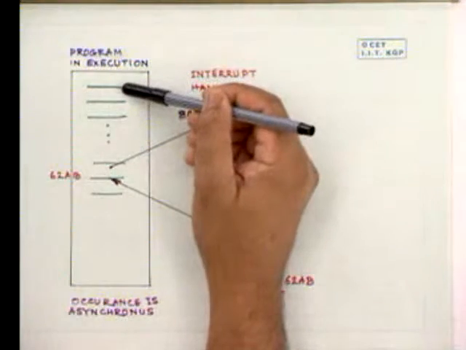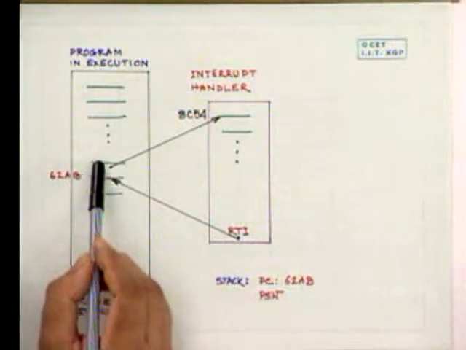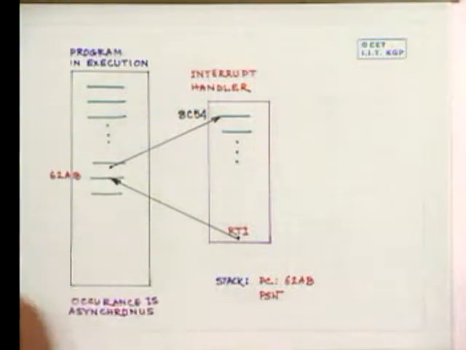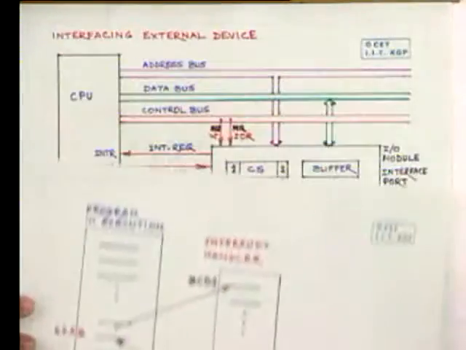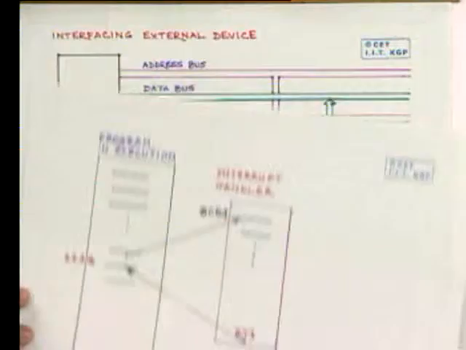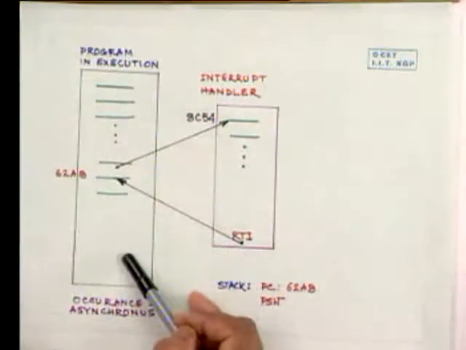Now this program is being executed statement by statement. When this program is being executed, at this point say that an interrupt has occurred. As I have said, that occurrence is asynchronous with the execution of the program.